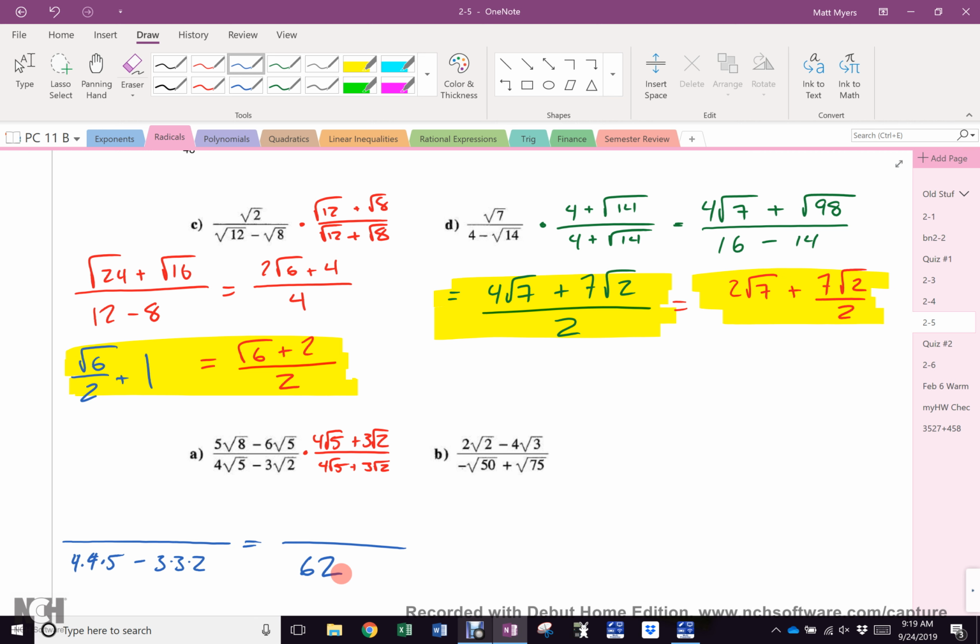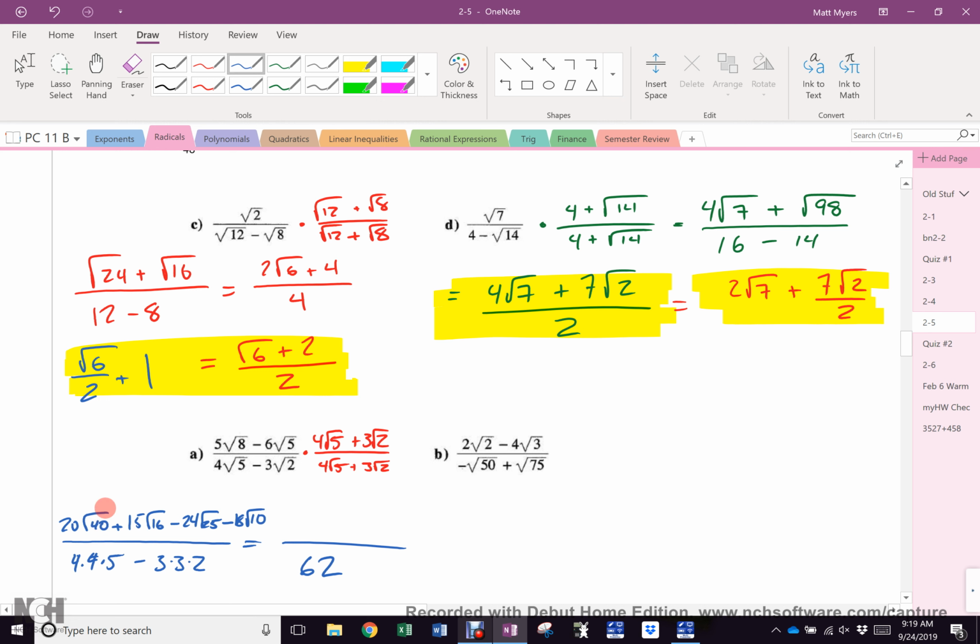Now I go up to the top, and I get 20 root 40 plus 15 root 16 minus 24 root 25 minus 18 root 10. And then I simplify.